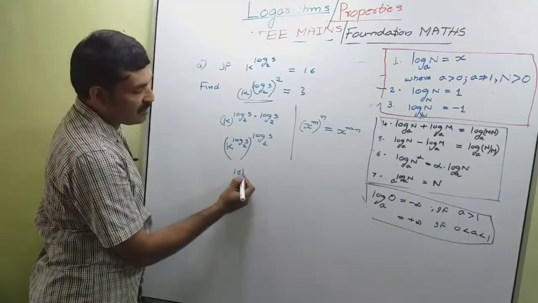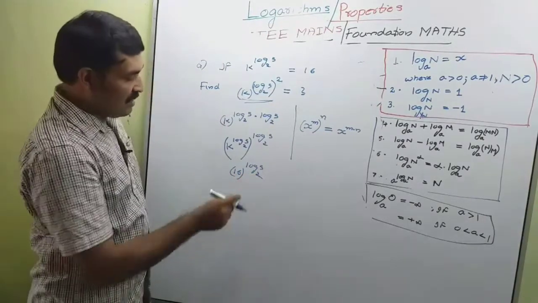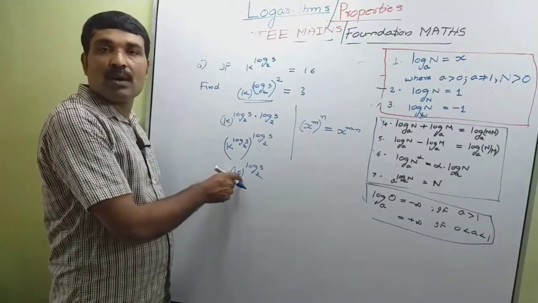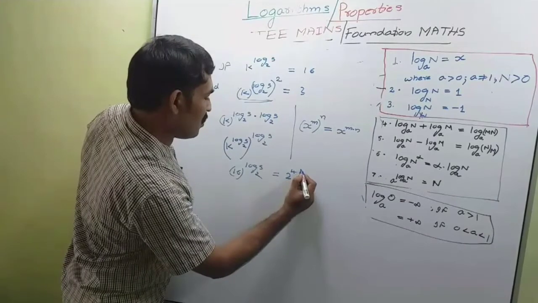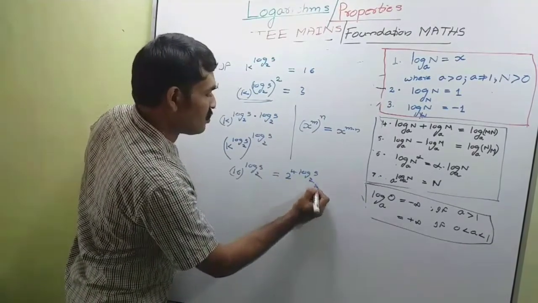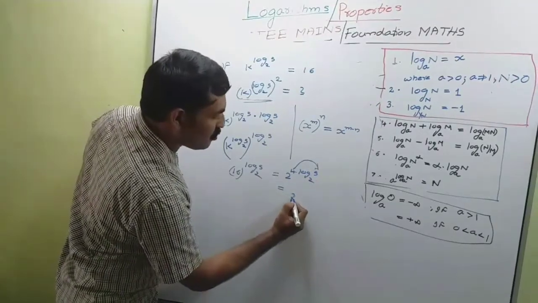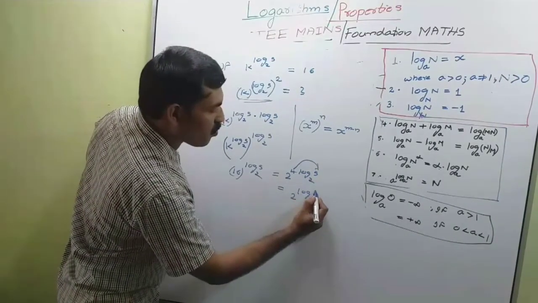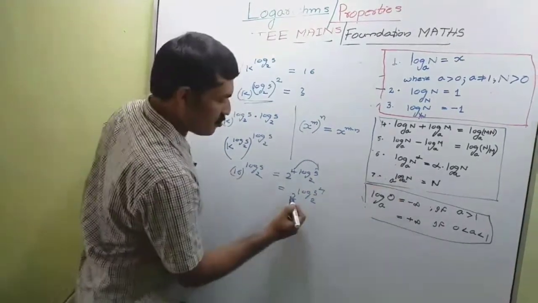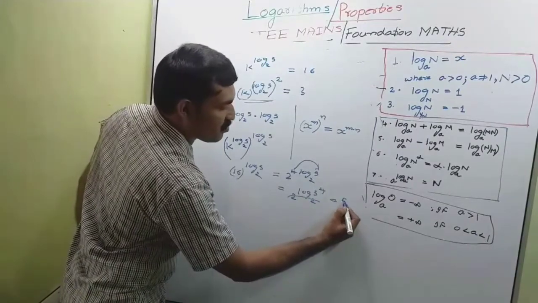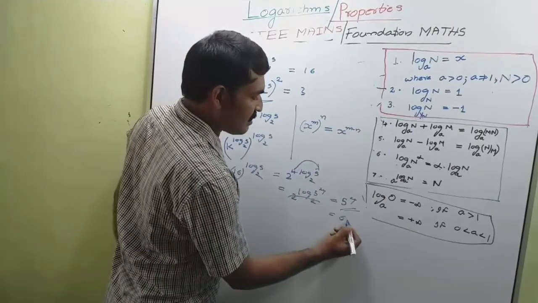So 16 raised to log 5 to the base 2. 16 can be written as 2 raised to 4. So this is equal to 2 raised to 4 log 5 to the base 2. Now this 4 is going as a power of 5. So that is equal to 2 raised to log 5 raised to 4 base 2. And using this relation, this 2 and 2 get cancelled. This is equal to 5 raised to 4. 5 raised to 4 means 625.